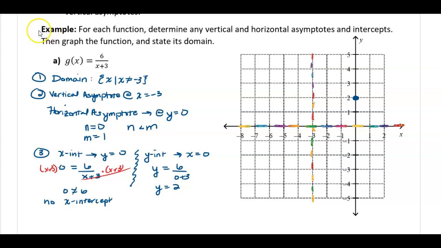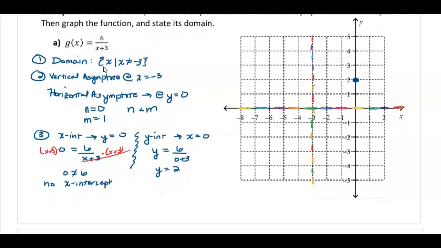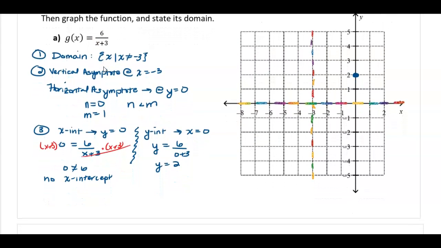Now we have to do our test intervals. And we break our test intervals up by our vertical asymptote. So the best way to do it is we have our interval, we have our x, and we have our y.